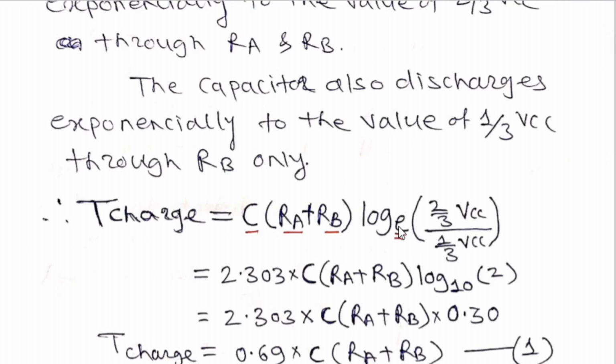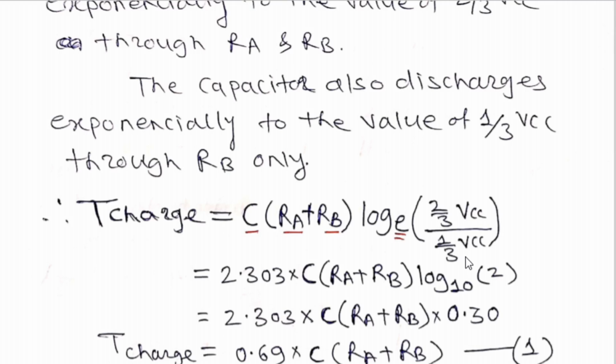So this is very important. The externally connected capacitor C gets exponentially charged. Therefore, there is a logarithmic term, and that base is E. Now into bracket, what is there? 2/3 VCC divided by 1/3 VCC. Why did this come?